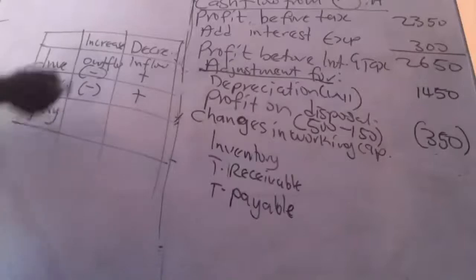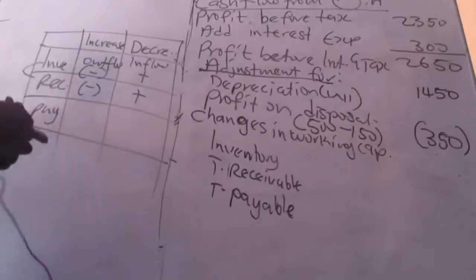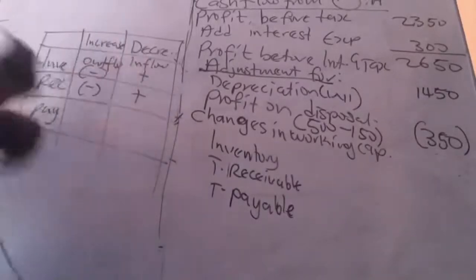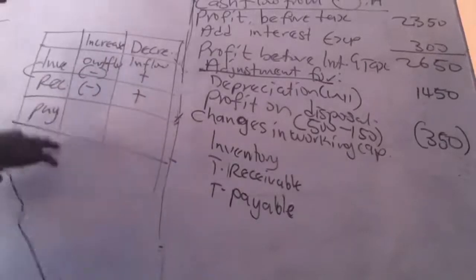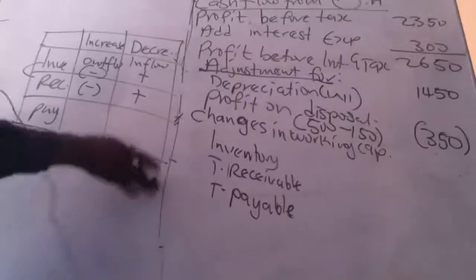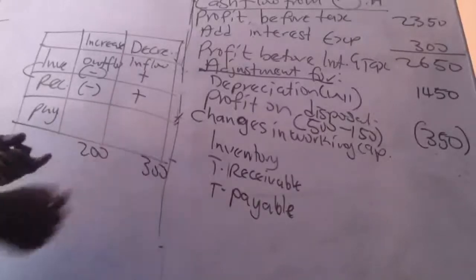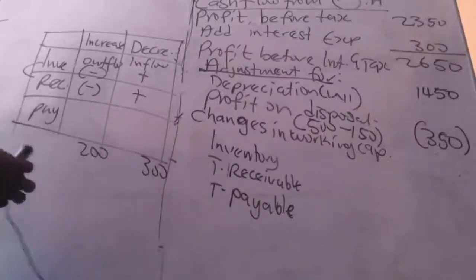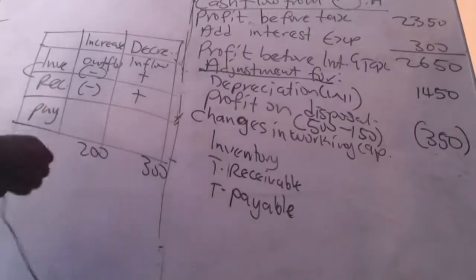Now, when your receivable increases, this is the meaning. At the start of the year, only 200 people were owing you. By the end, 300 people. So that's an increase. Why are we saying it's an outflow?